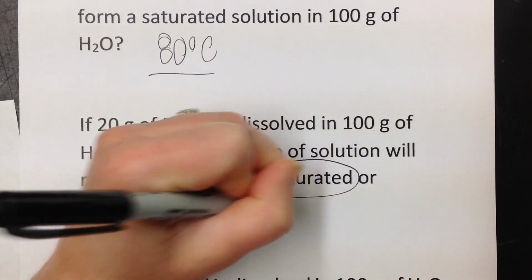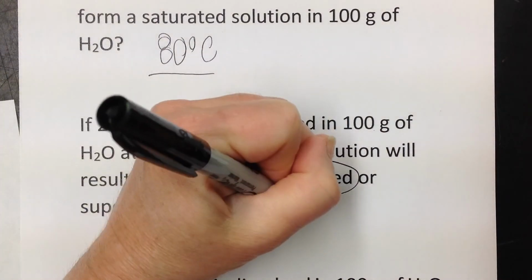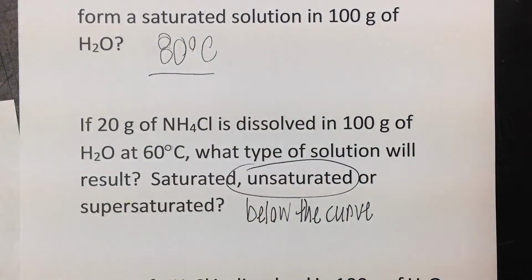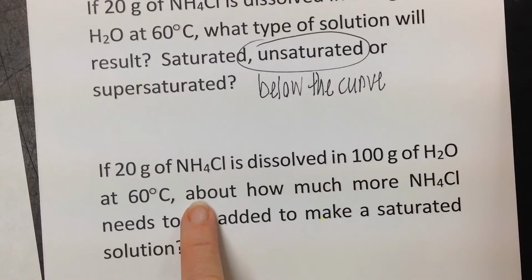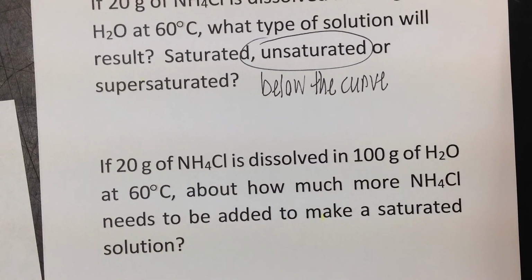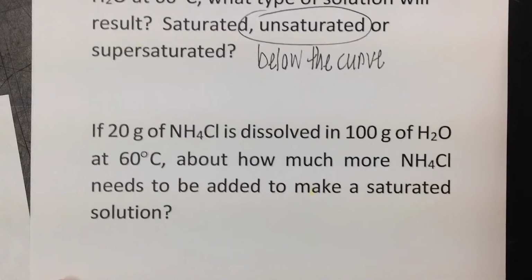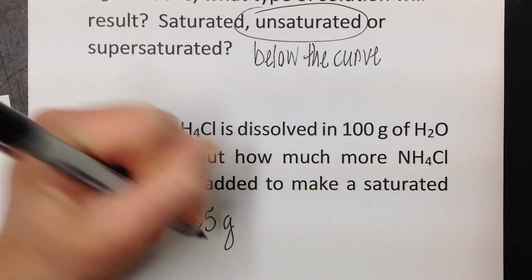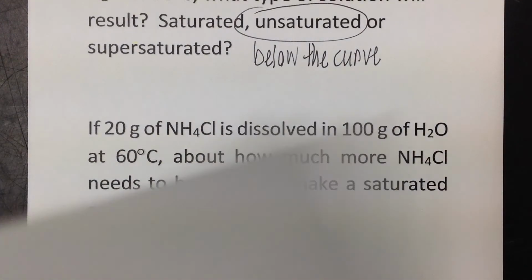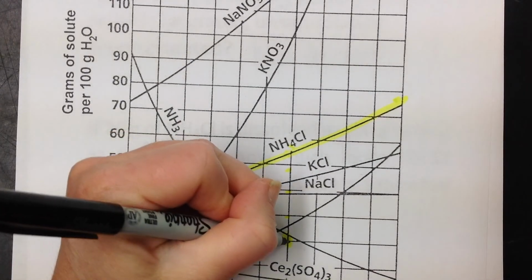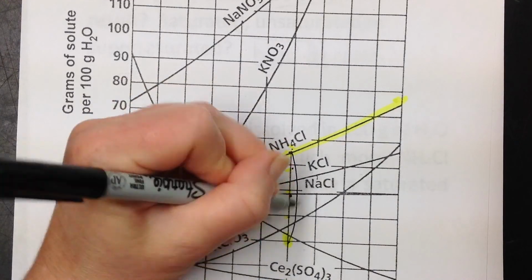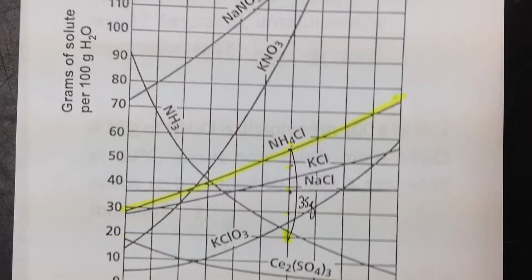The intersecting points they gave me were below the curve. That's how we know that. And if we wanted to add enough to make a saturated solution, we just found that it would be about 35 more grams to reach that point. And again, I'll show you that. We were here, 10, 20, 30, about 35 grams.